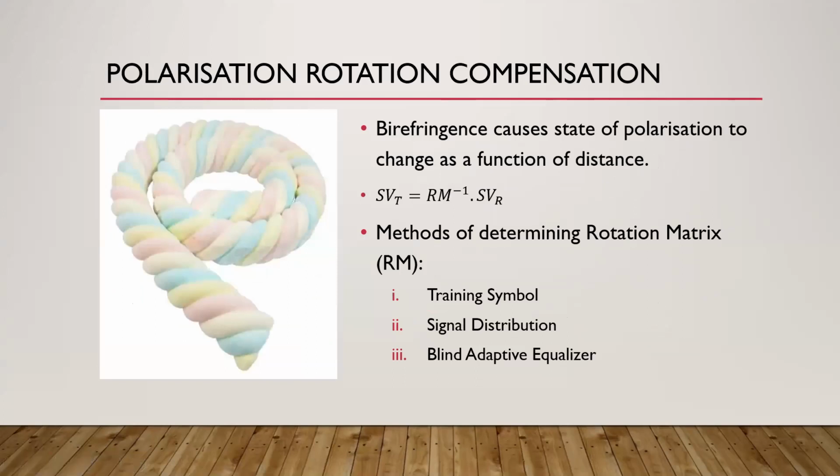One complication with this method, it seems very straightforward so far, is due to the birefringence effect. I don't know why this reminded me of a marshmallow that I used to eat as a kid, but that's the simplest way to understand it for me anyway. So if we can imagine that what we're transmitting is a perfectly orthogonal signal, where we've got just the carrier on one polarization and the modulated signal on the other polarization.